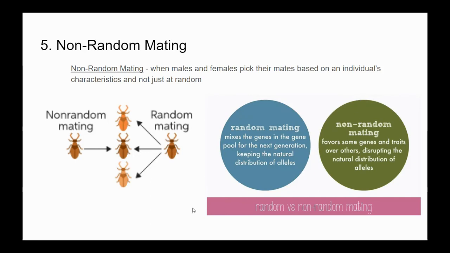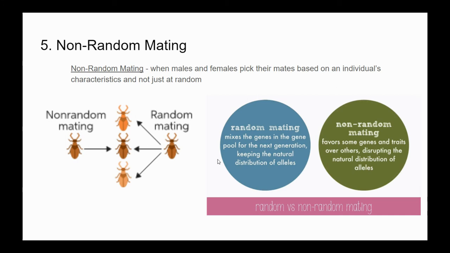And then the last one is non-random mating. Non-random mating happens when males and females pick their mates based on individual characteristics, and it's not just at random. With random mating, any female that comes along, the male will mate with, and the same goes for the females. It would be totally random, no rhyme or reason to it.